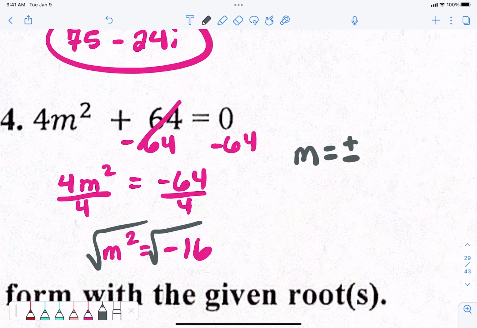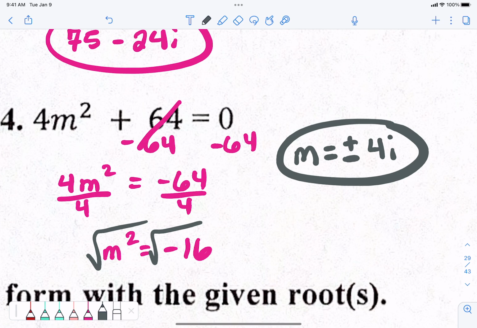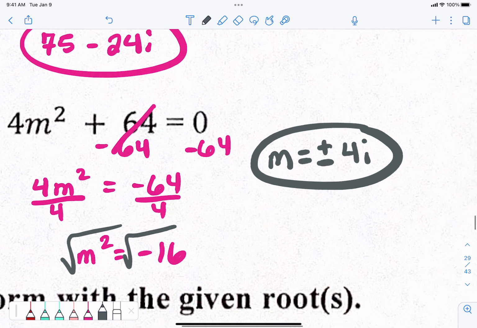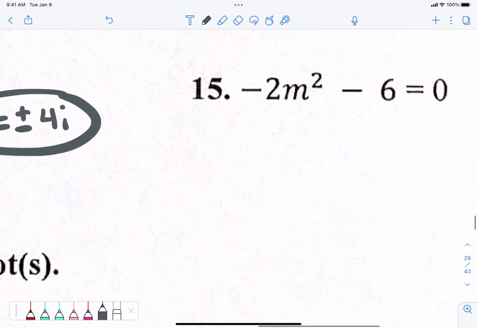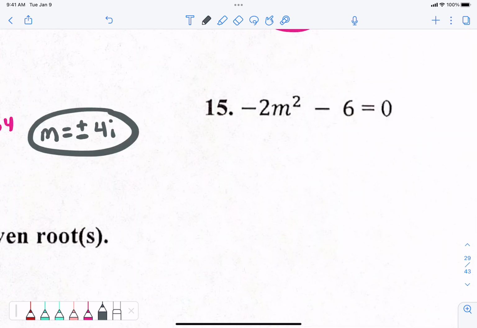What's the square root of negative 16? 4i. Can I leave it as the square root of 16, or do I have to? I would prefer you make it 4 because 16 does come out. It's one step, but one step is one step. Plus minus 4i. Okay, do 15 also. Same thing. 15 is exactly the same.